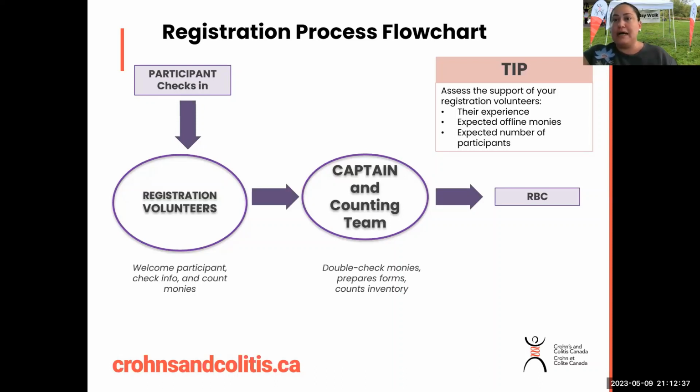You can also ask your staff partner what they expect, and based on that you can decide on the number of registration volunteers, like the pairs you will have. It's also important to consider the experience they have, because if you have experienced volunteers, then the line will move quicker, because they will be quicker at checking everything.